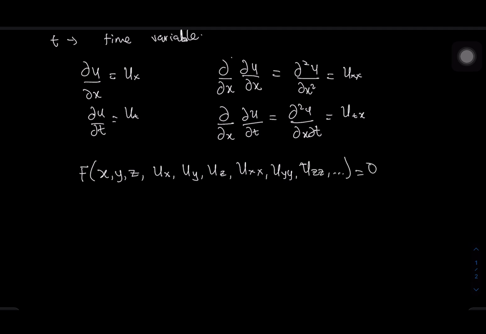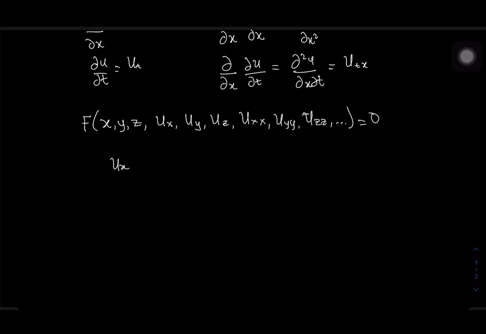This being equal to 0. So any equation which has a physical quantity with its partial derivatives in the equation is a partial differential equation. An example is something like ux plus ut equal to 0, which we are going to see a lot. We call this the transport equation, and it usually has a speed of 1. So that is what a partial differential equation is.